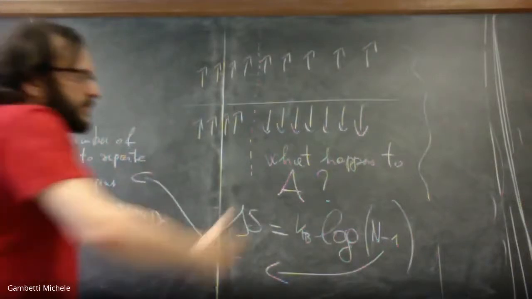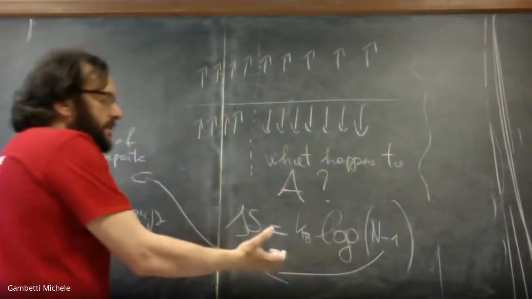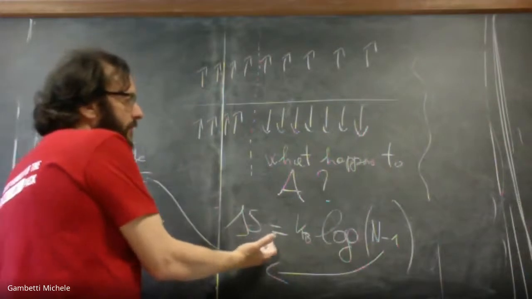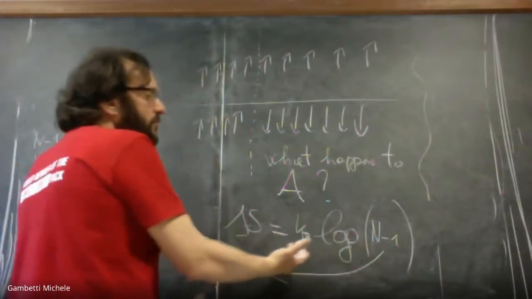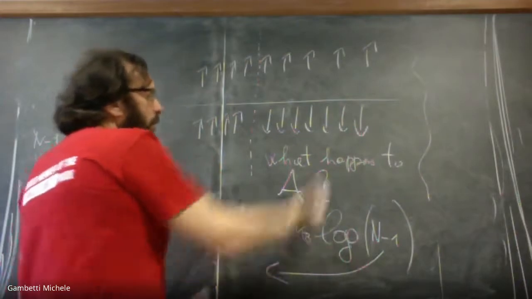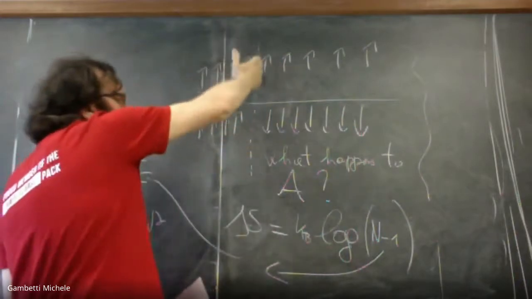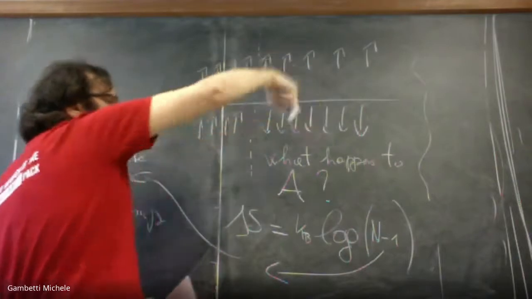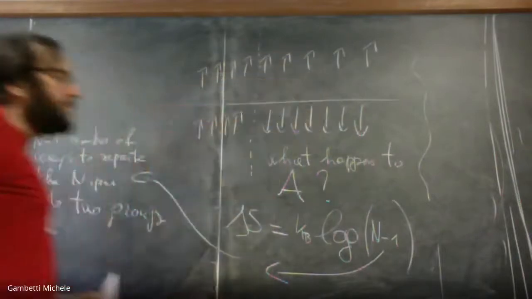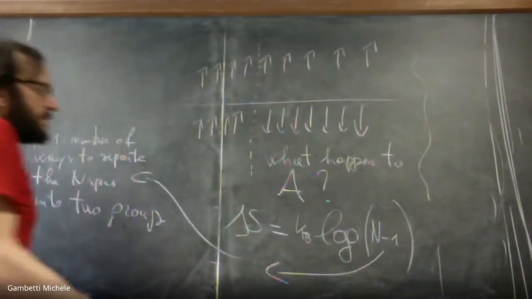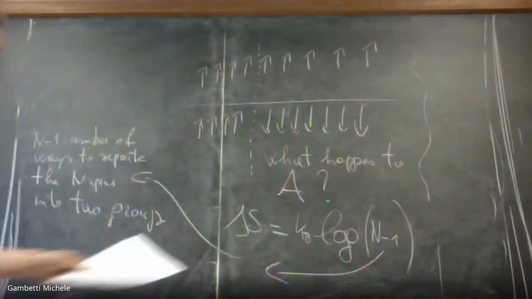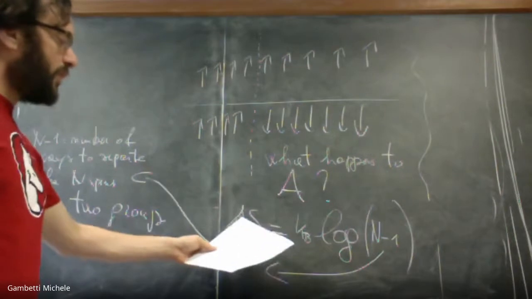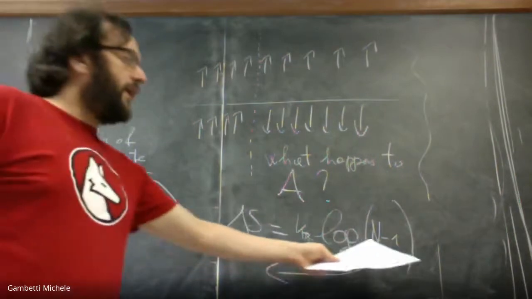Therefore, I have a sort of degeneracy, in the sense that I have an increase of the entropy, which is basically due to the fact that in all the situations in which I put the separator and switch the direction of the spins to the right, for instance, I get an increase of entropy, which is k_B log of n minus 1.